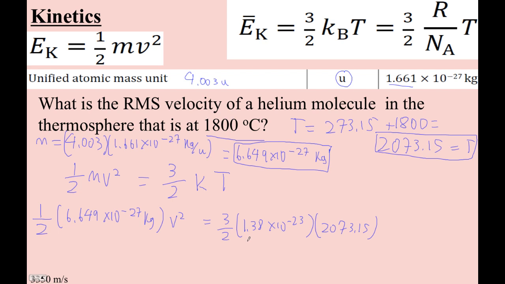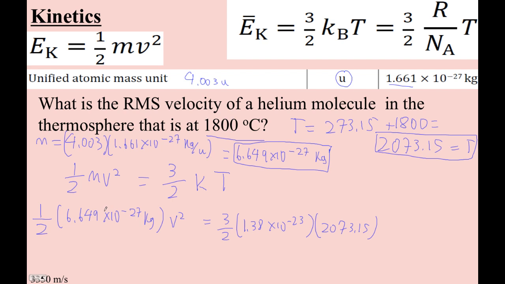Okay, so I guess I start on this side. I go 3 divided by 2, 1.38e minus 23 times 2073. Okay, now divided by 0.5, divided by the mass that I just got. And that's v squared.